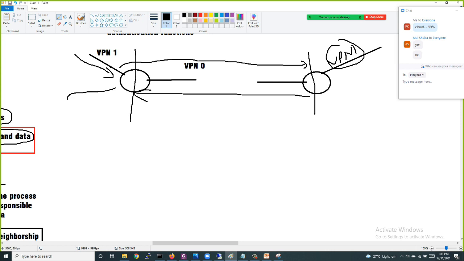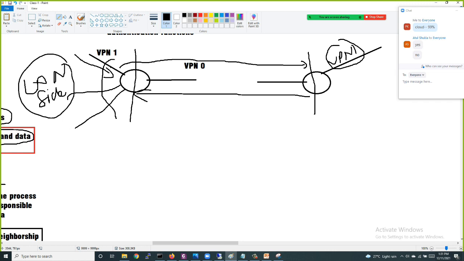So all the service VPNs here, service VPN meaning my LAN side VPNs existing on the VH device, will be communicating with the other service side VPNs, but the same ones: 1 with 1, 2 with 2, 3 with 3, 4 with 4, right? And all the traffic is passed through which VPN? VPN 0.